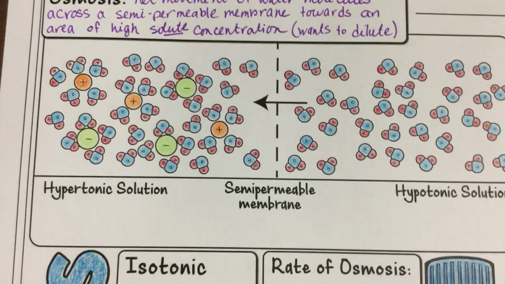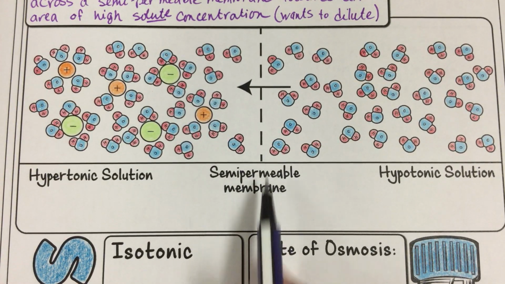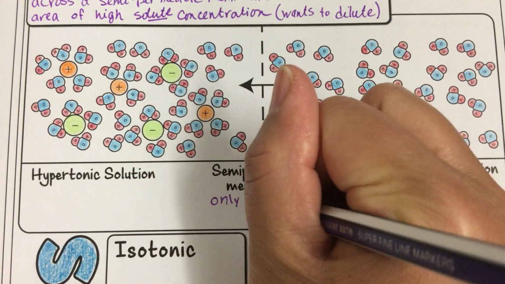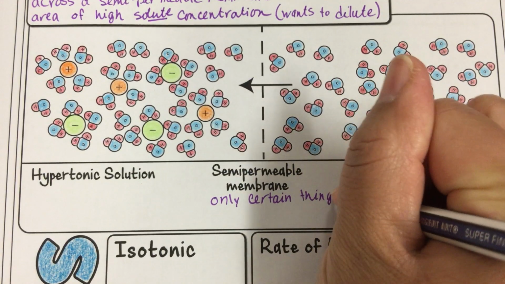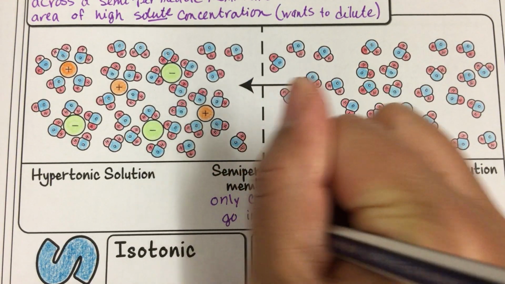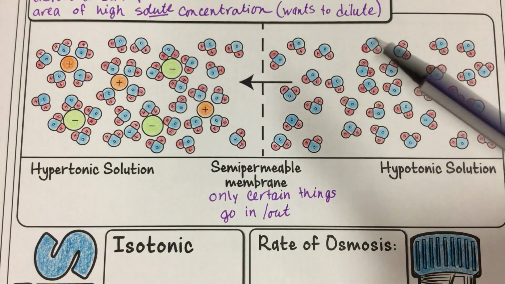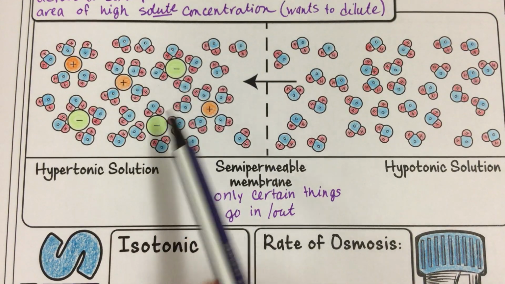So in my picture here, I have a semi-permeable membrane. Remember, semi-permeable, only certain things go in and out. So in my semi-permeable membrane, my water molecules can fit through. If I look over here, I have these little ion molecules.